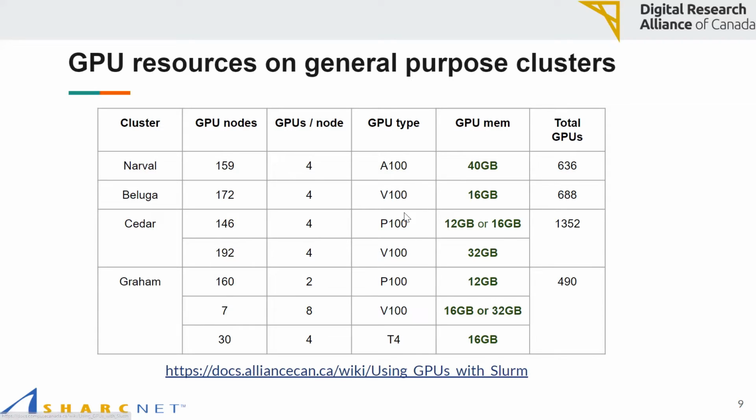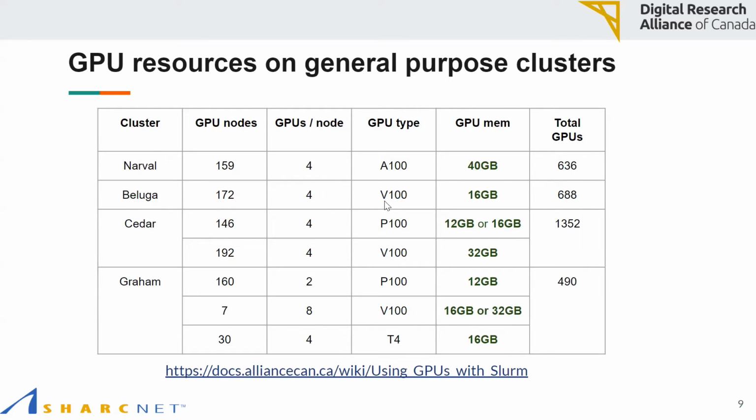As you can see here, there are multiple GPU types available on different clusters. The GPU memory sizes are also different for different types of GPUs. The most recent type, also the most powerful type here, are those NVIDIA A100 type GPUs on Narval. Okay. Beluga has V100 type GPUs.